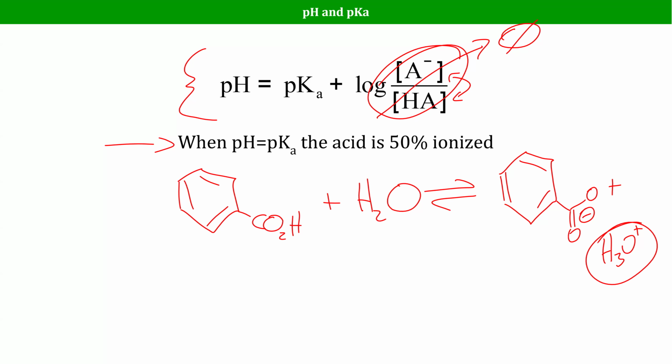You had a 50-50 shot? Yeah. If it's balanced and then we take away some of the product, we have to make more product to get it balanced again, right? So basically, if you add a bunch of hydroxide and make it more basic, you're gonna favor deprotonating things.